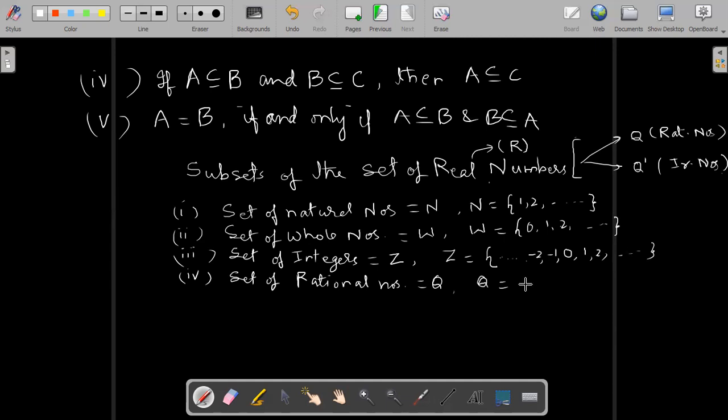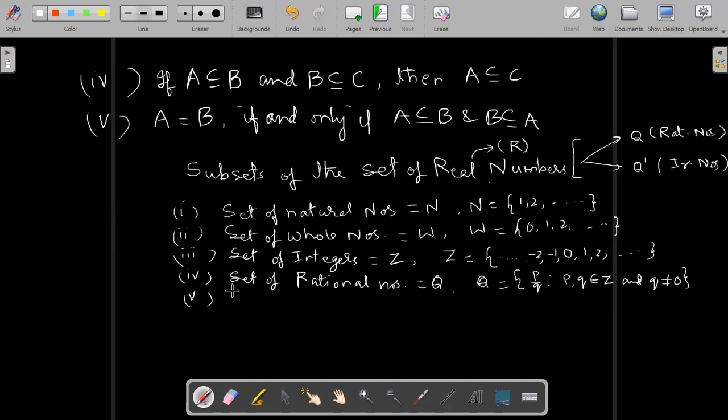No, we will write it in set builder form. Q is the set of numbers in the form P upon Q, its definition, where P and Q belong to integers Z and Q is not equal to 0. Like this, we can denote the set of rational numbers.